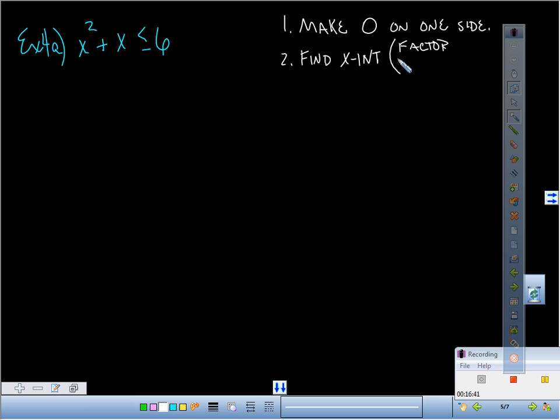Very good. All right, so that'll tell me if, yes, it factors, you just haven't figured it out, so work a little bit harder. Now, what if it doesn't factor? What's the other way to find the X-intercept? Quadratic formula, okay?